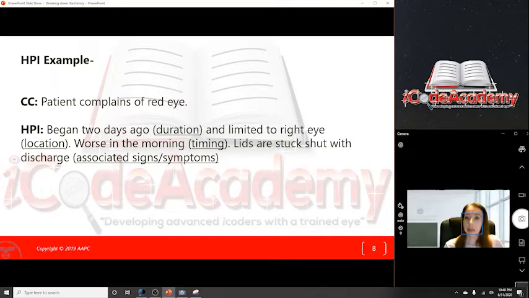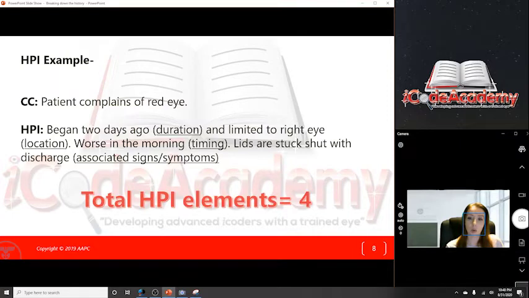The complaint is limited to the right eye, so we can take that limited to the right eye as our location. It's worse in the morning, which is going to be a timing factor. And the lids are stuck shut with discharge. So that discharge is going to be an additional sign and symptom above and beyond the redness of the eye. So right there, you can see that we do have a total of 4 HPI elements when we count them out.